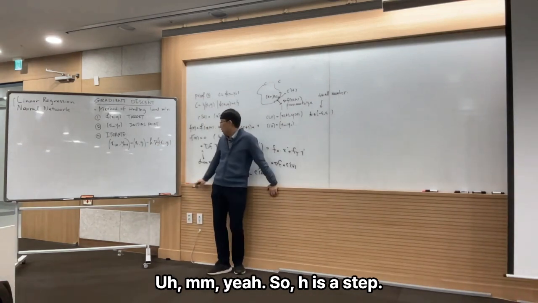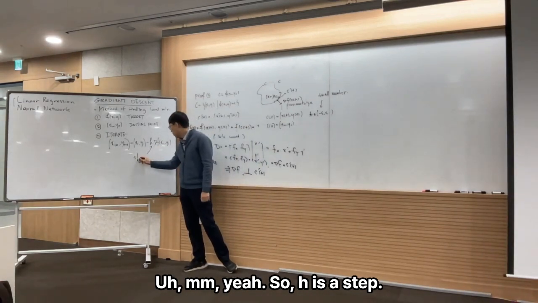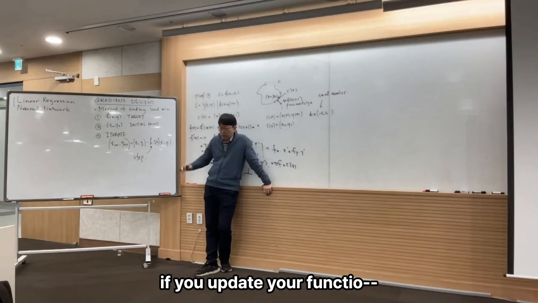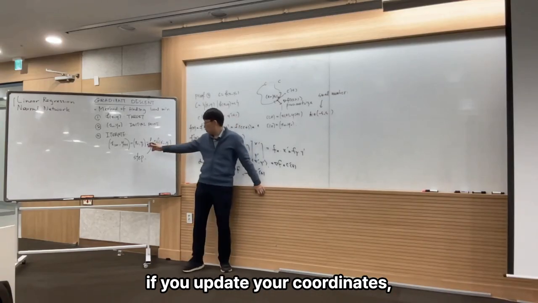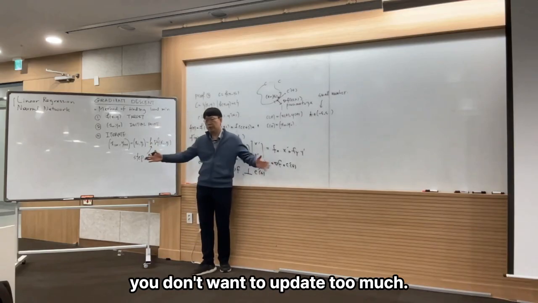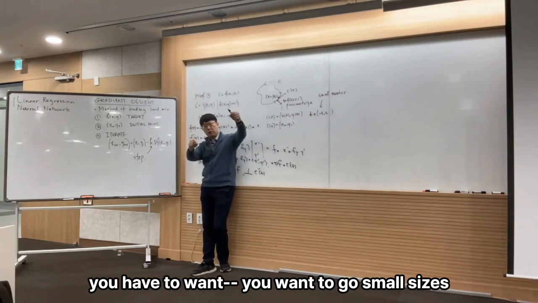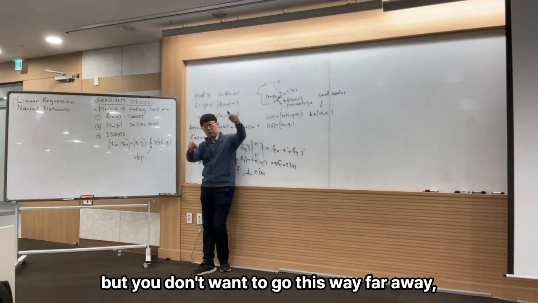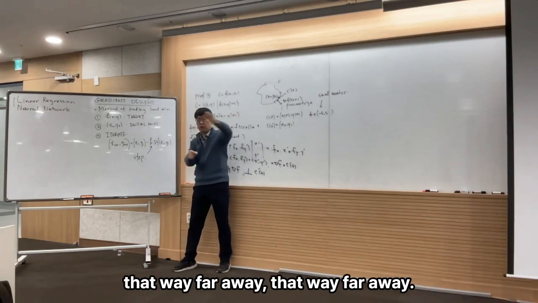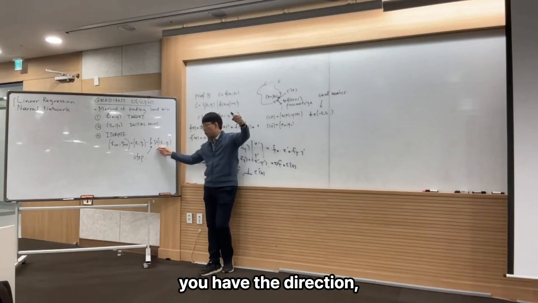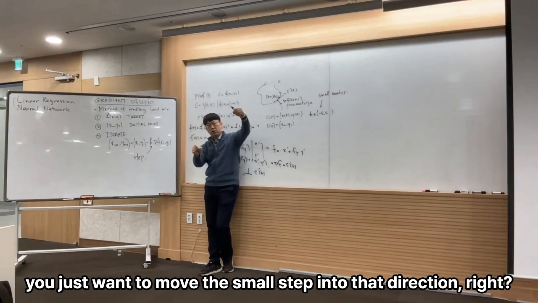So h is a step. It is just a small number, because when you update your coordinates, you don't want to update too much. You have the direction, and you just want to move a small step in that direction.